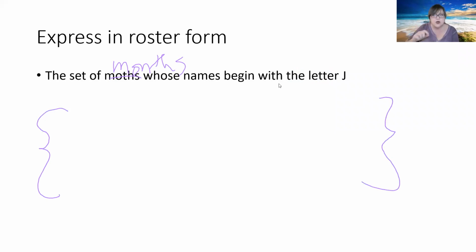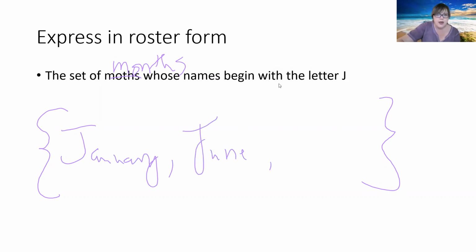The elements go inside the curly brackets. So what months begin with the letter J? Well, that would be January, June, and July. And I think that's all of our months that begin with the letter J. So there is my complete set. Again, make sure that you're using the curly brackets to denote a set.